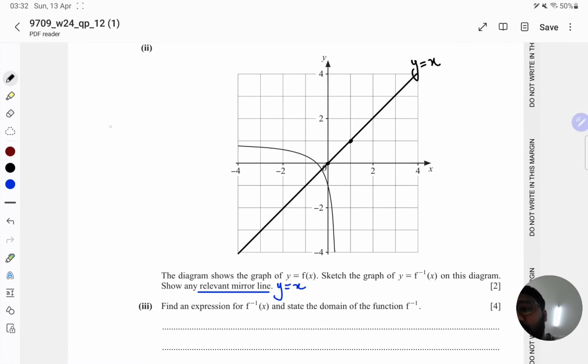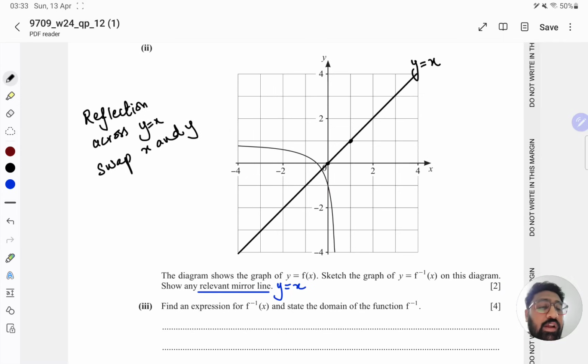Now I'm sure you can recall for reflection, when you are doing reflection across y equals to x, you swap x and y coordinates. The point which is lying on that specific line is the invariant point, which means this point is not going to move. Other than that, this point, the one over here which is 0 and -1, will become -1 and 0.